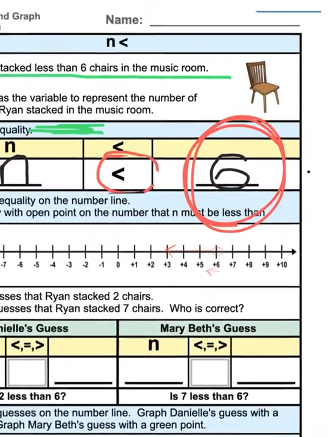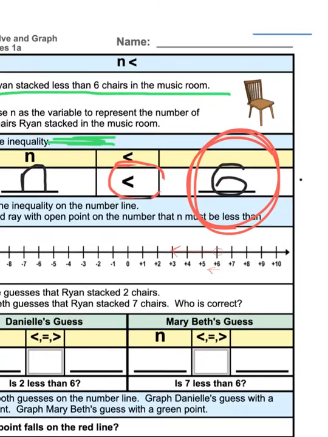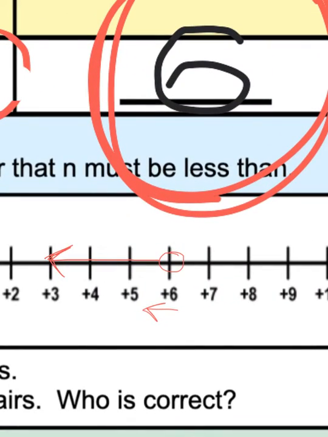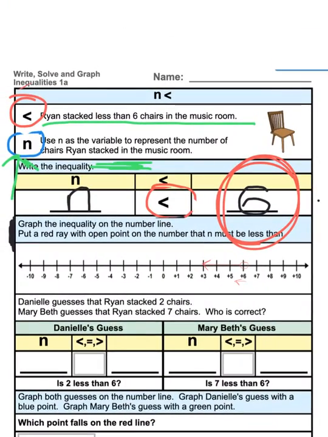But that is what it means when it says put a red ray with an open point on the number that N must be less than. So you can see that I have my open point, which is basically an open circle on the number 6, and then I have my arrow pointing to the left because 5, 4, 3, 2, 1, 0, all those numbers are less than 6.